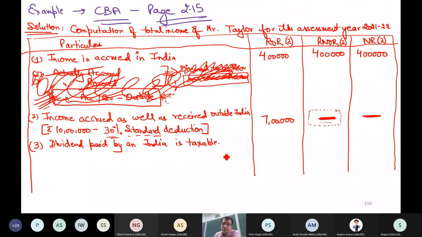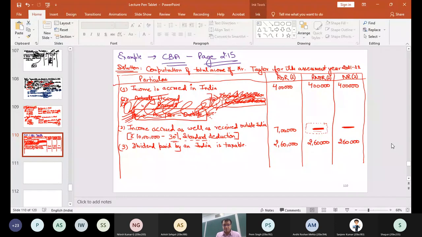That's it. So the amount which is taxable is 260 for all. Even if this Mr. Taylor is non-resident, still 260 is taxable in India. Please raise your hand if this point is conceptually clear. Any slight doubt, you ask me right now.